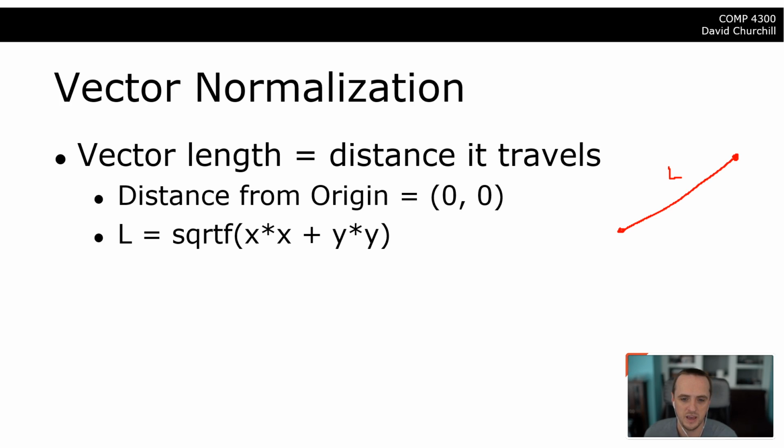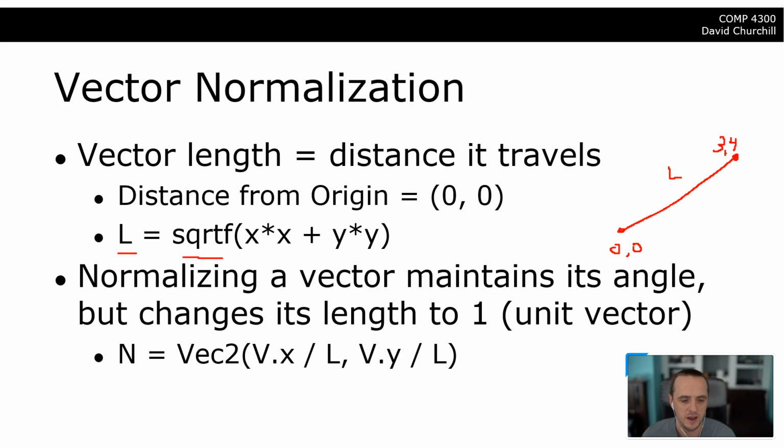So if we take the distance from the origin 0, 0 of this vector, for example, if we have 0, 0 here, and we have like 3, 4 up here, then the length is just sqrtf of x squared plus y squared, right? And sqrtf is the floating point square root. So the length of our vector is just Pythagoras with these.